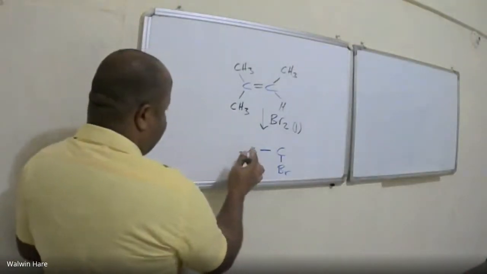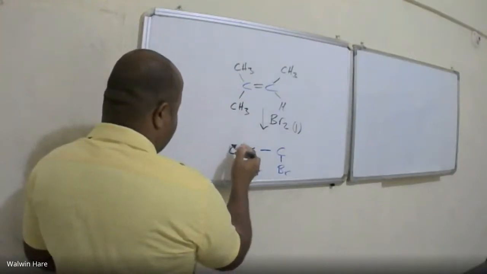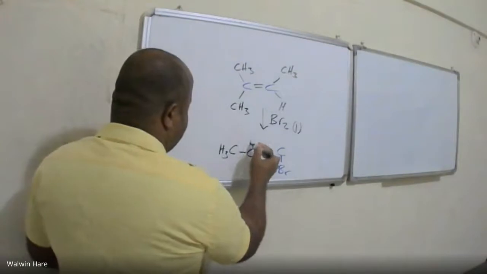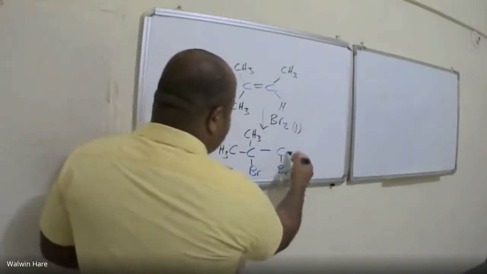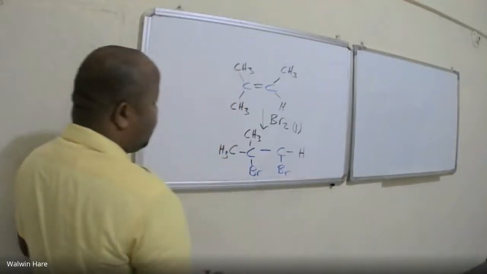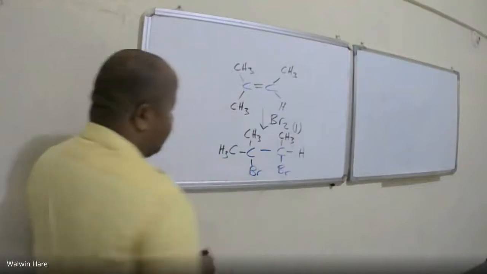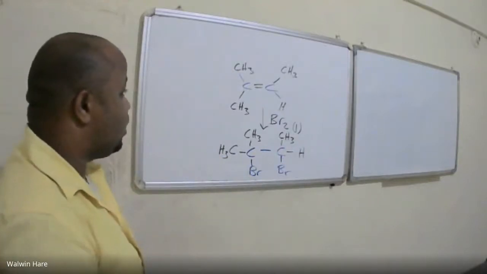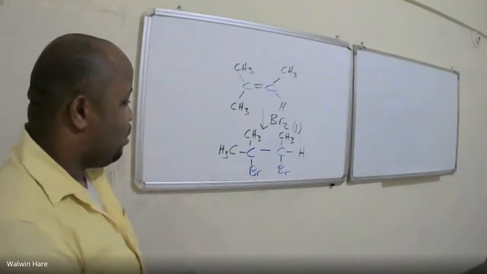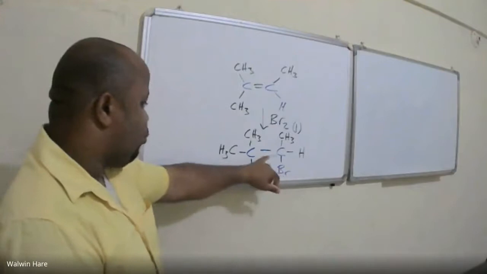So we will still have the CH3 group, right? And over here, we will still have our hydrogen and the CH3 group. So whether it's alcohol, alkenes, any organic compound, the reaction is always taking place at the functional group.